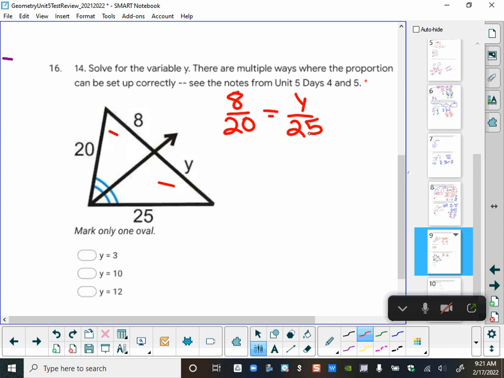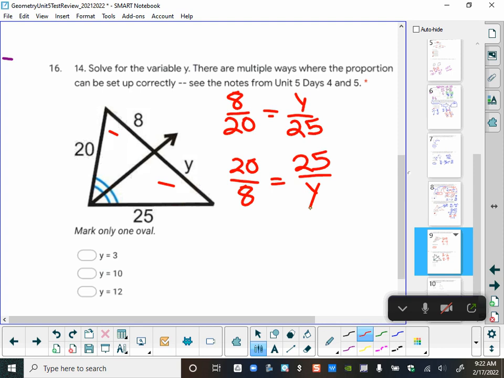Is that the only way? No. Okay, tell us another way you could potentially set up the proportion. Okay. And what, 20 over 8 and what over what? 25 over 1. That's okay. Any other way? So, 8 over y.